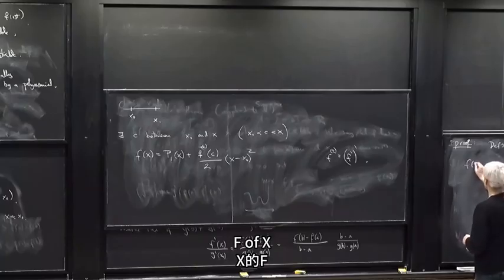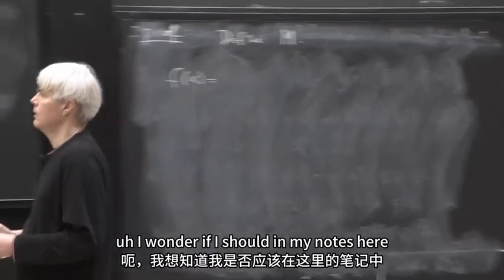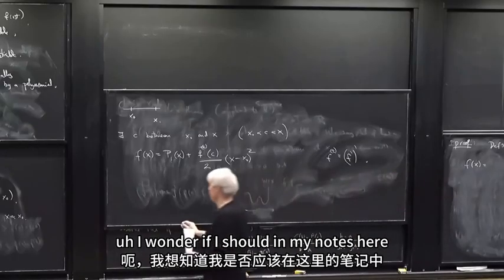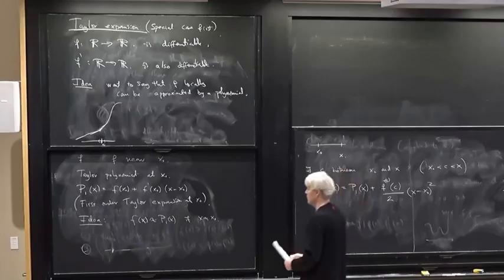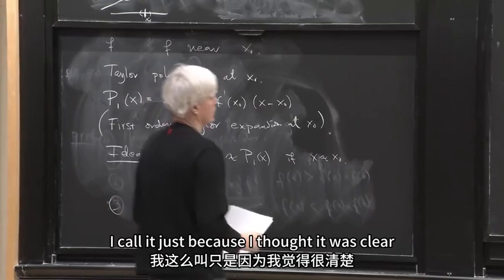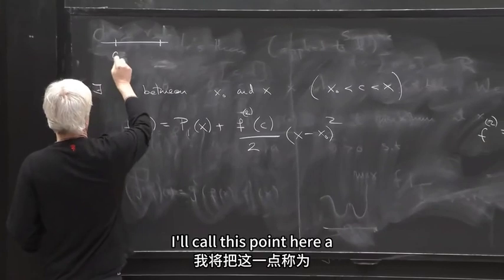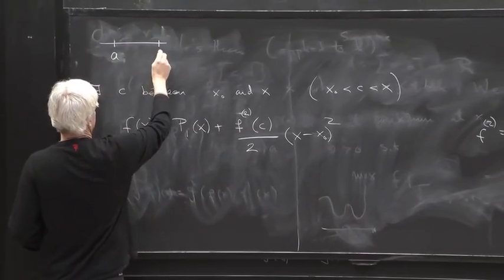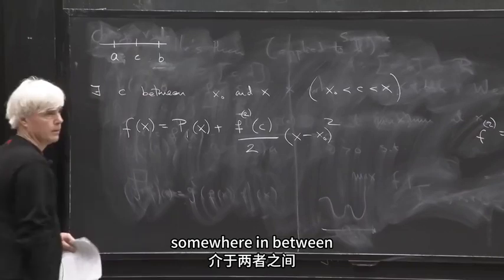f of x. In my notes I call this point here A, and this here B, just because I thought it was clear, and maybe I will do this here also. And then c here is somewhere in between.